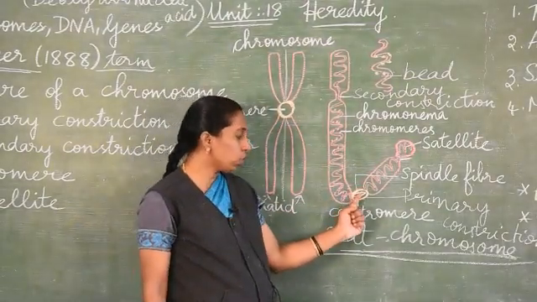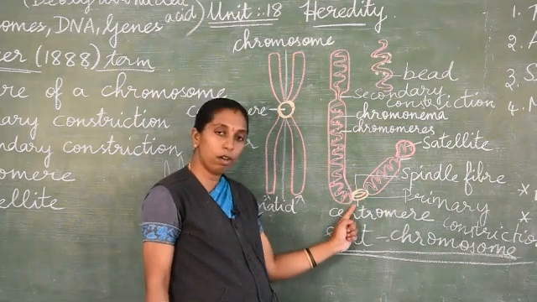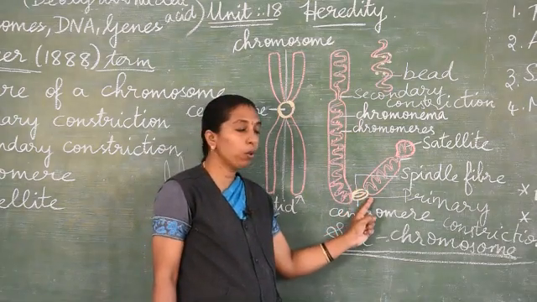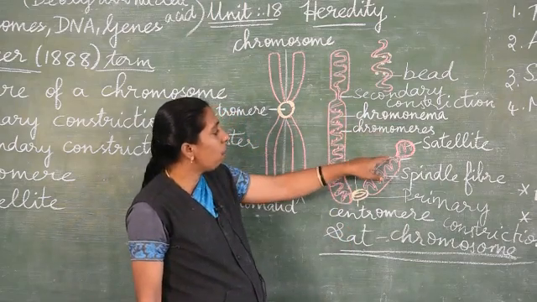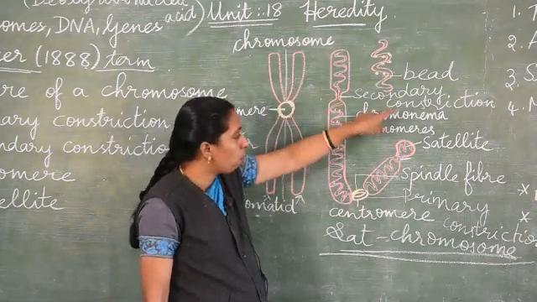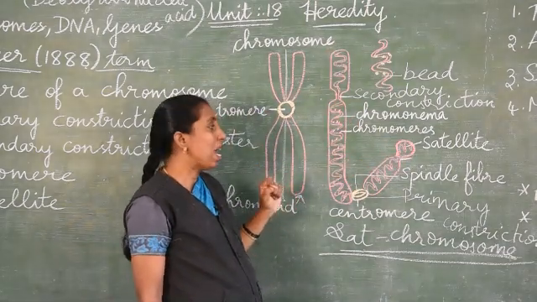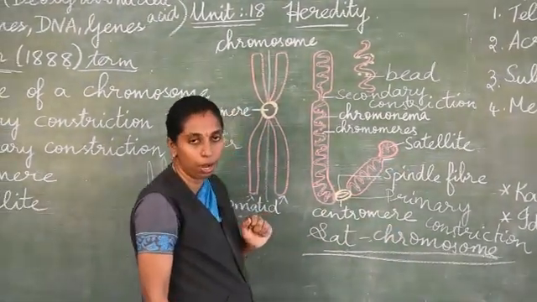Inside it there is a centromere, and along with this centromere there is a spindle fiber. They both help during cell division. Secondary constriction can be found in any part of the chromosome, and telomere will be found at the end of the chromosome, and satellite is a knob-like structure.